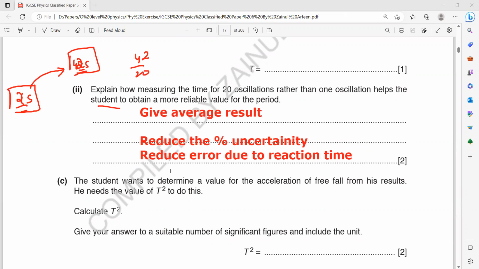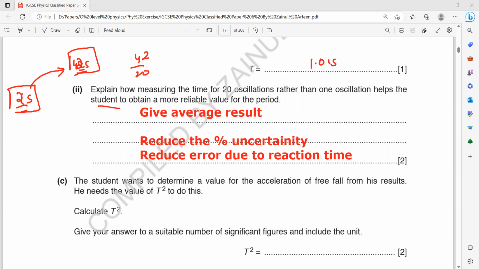Then you have to determine t square. If t was 1.01 seconds, what will be the value of t square with the suitable unit?